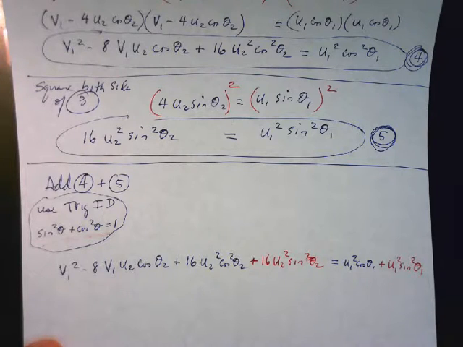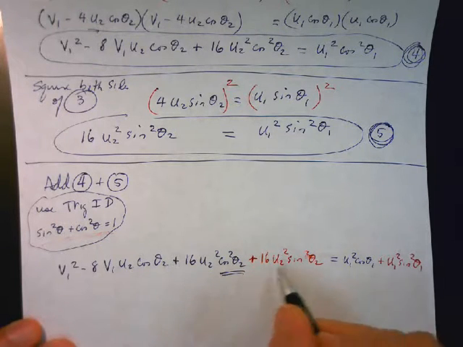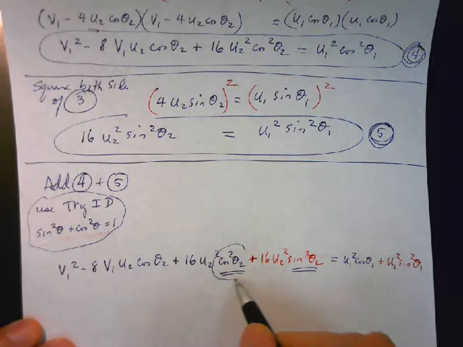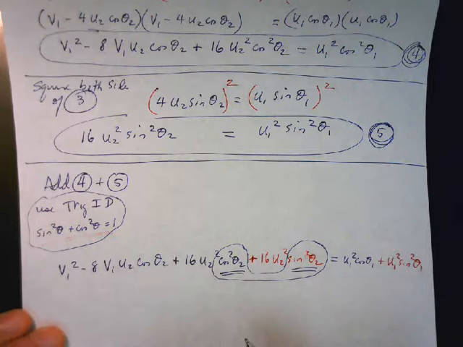Alrighty, so now we can simplify this. Here we have 16, that's good. We can factor out the 16 U2 squared, and there's that cosine squared theta 2 and sine squared theta 2 right here. So those are added together to form 1.